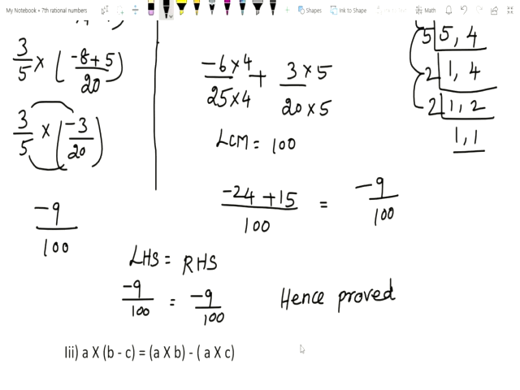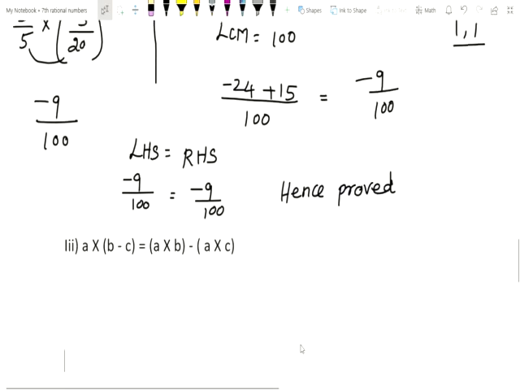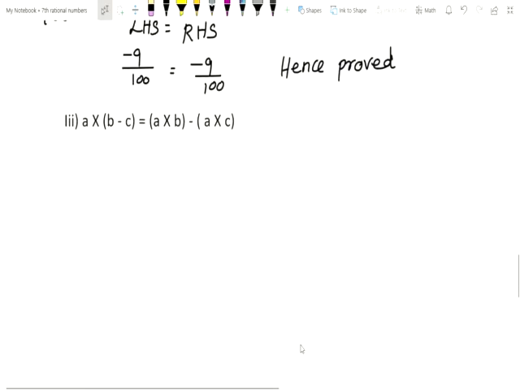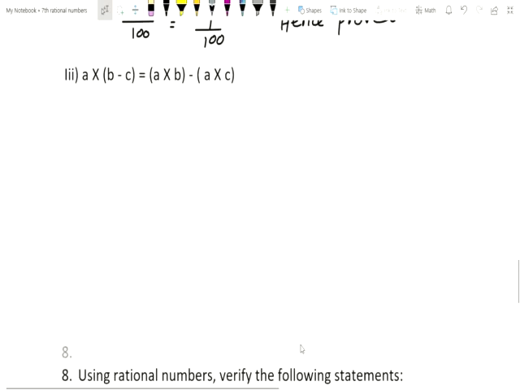You understand, children? See the next one. Third question: A into B minus C equals A into B minus A into C. Okay.